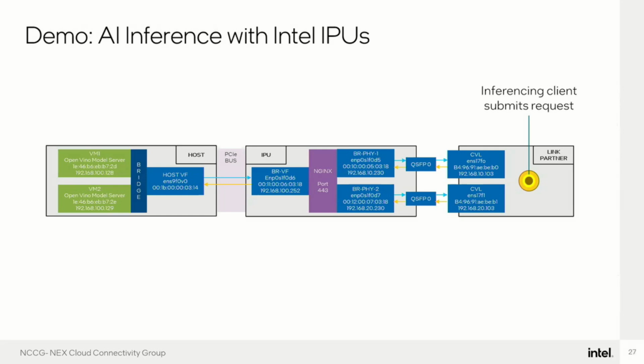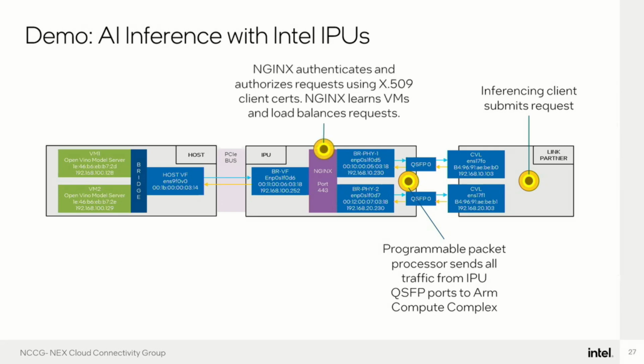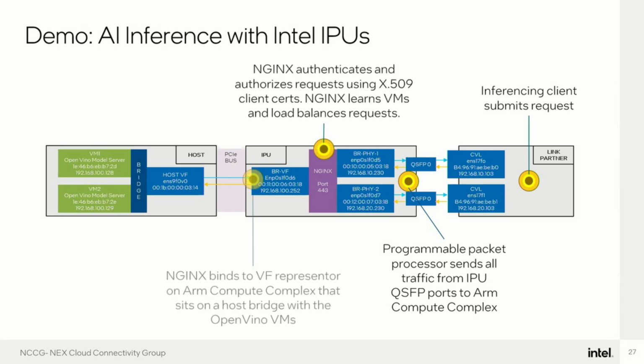So an inferencing request comes in. We have the FXP, or the fabric processor rather, redirect all traffic to the ACC. We see that there. We authenticate that and do our TLS offload. And by the way, not only does our fabric processor have inline crypto, but the ARM processor also has look-aside crypto acceleration as well.